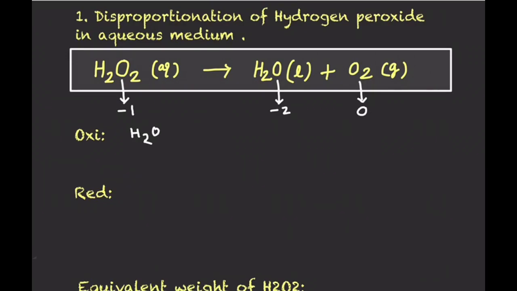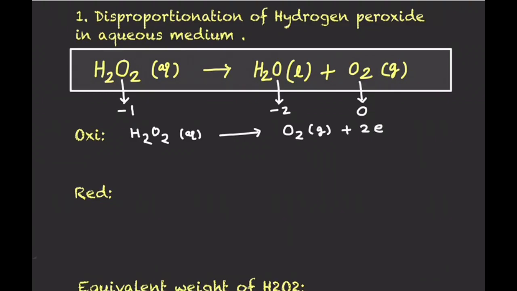H2O2 in aqueous state, when it is undergoing oxidation, oxygen from -1 oxidation state is converted into 0 oxidation state, so it is converted into O2 in gaseous state. First we are going to balance the atoms whose oxidation number is changing. On the left hand side, oxygen atoms are 2, on the right hand side oxygen atoms are 2. Oxygen from -1 is going to 0 by loss of 2 electrons.